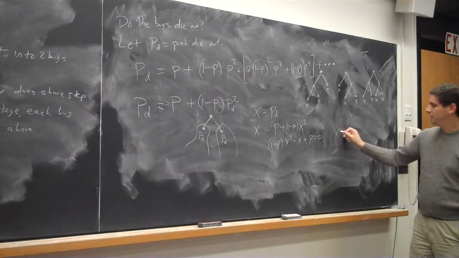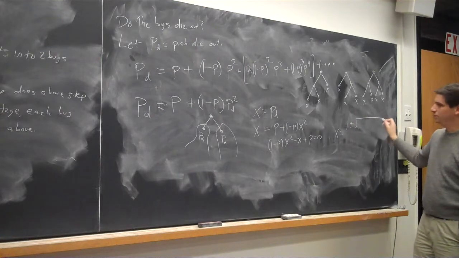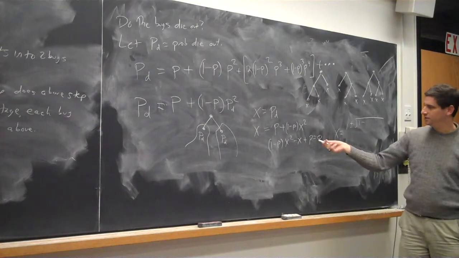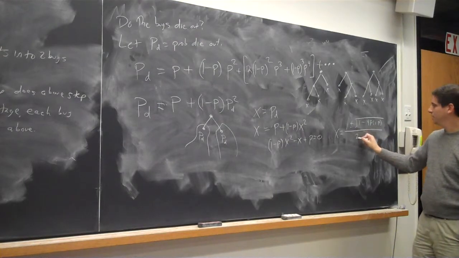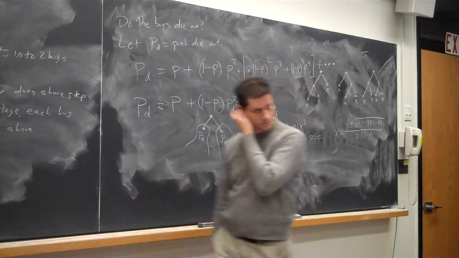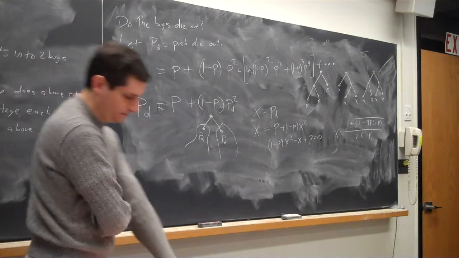So you get X equals 1 plus or minus the square root of b squared minus 4ac, so it's going to be 4p(1 minus p), divided by 2a. And that's the solution. So now what you want to do is play around with different values of p and see what happens.